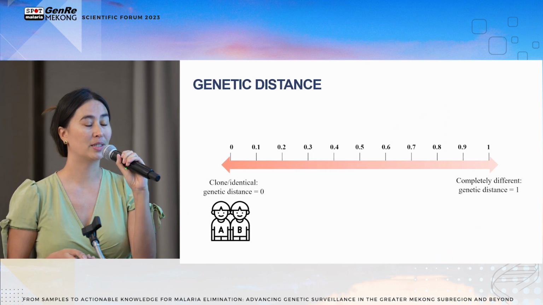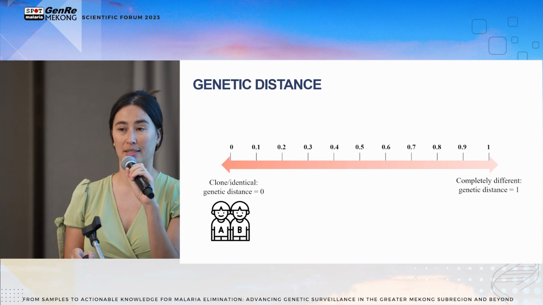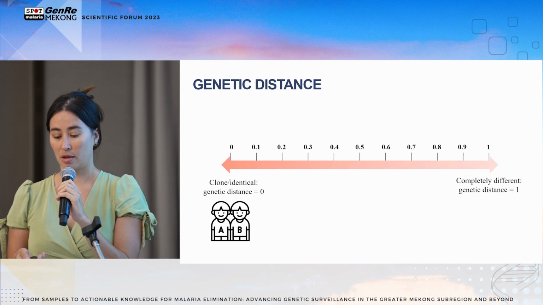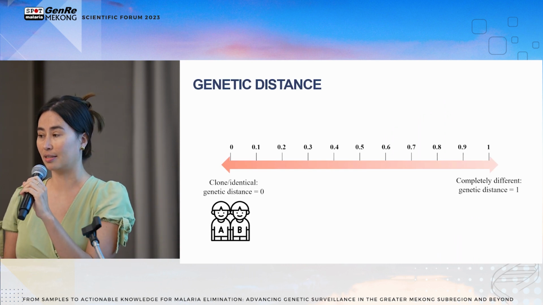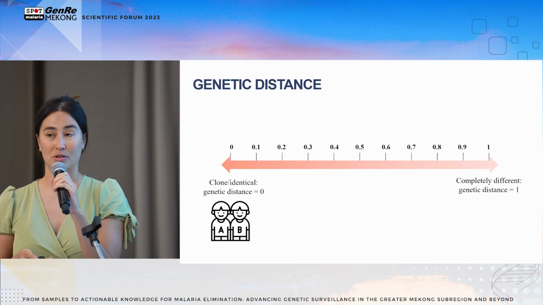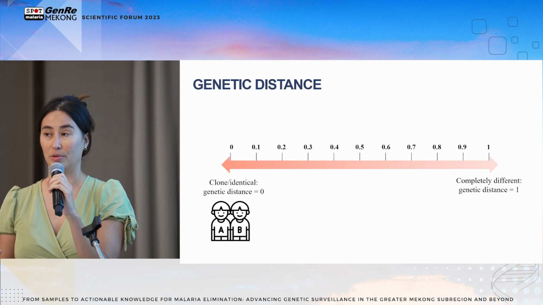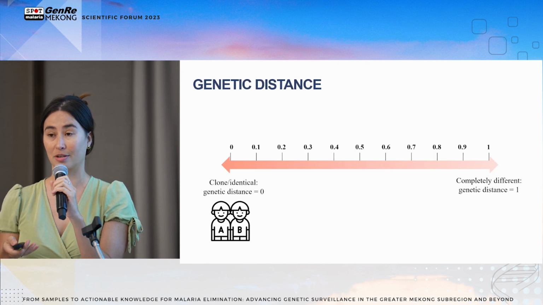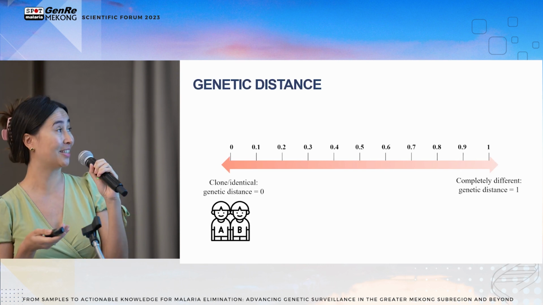So genetic information, one measure that could be used is genetic distance. A little bit of background on what genetic distance is. It is a measure that can go from 0 to 1. And 0 means that two samples are identical, or clones, or identical twins even.